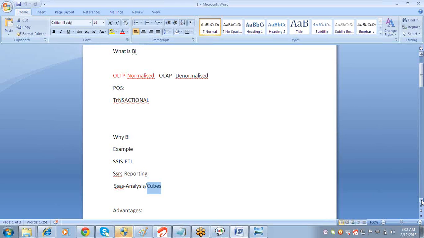The simple stored procs have to be learned before we learn SSRS. We start with SSRS, and later on we do SSIS.